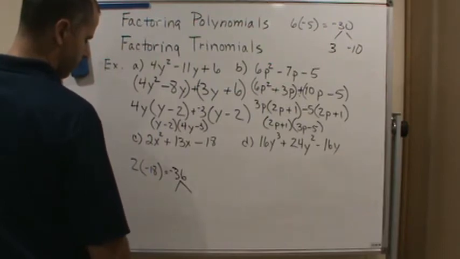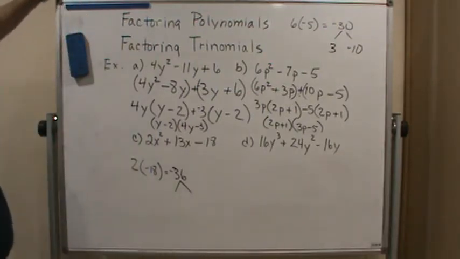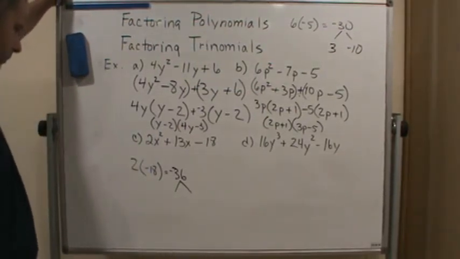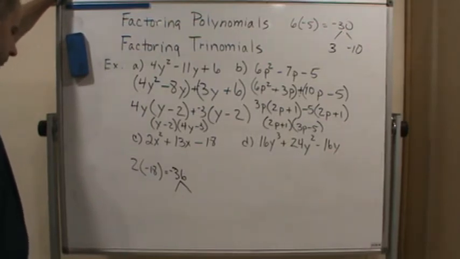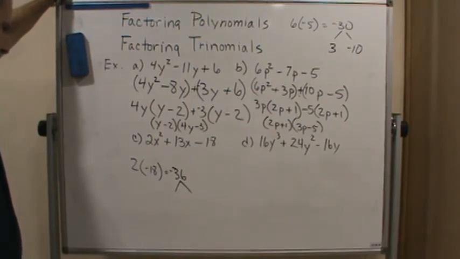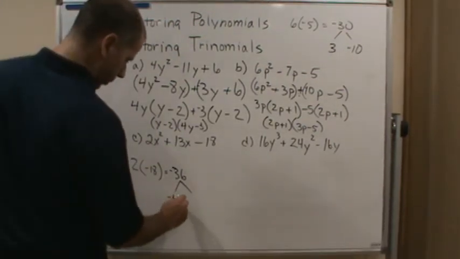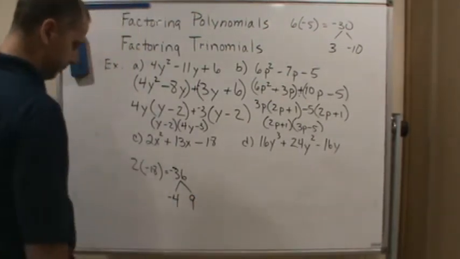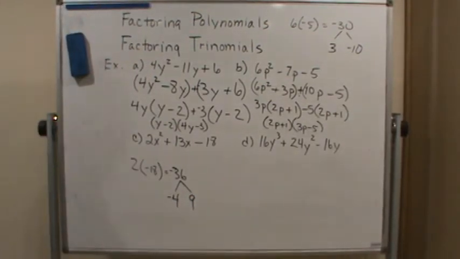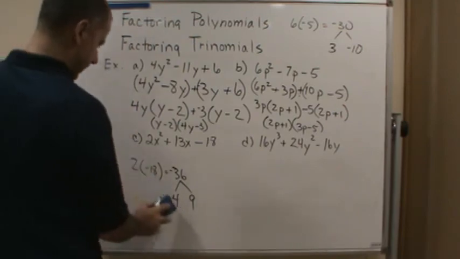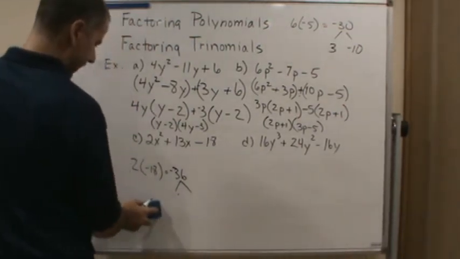What else will give us 36? 2 times 18, but of course that doesn't work. 4 and 9. So it's going to be negative 4, positive 9. That'll do it. Oh, wait a minute. No, it won't. I added.